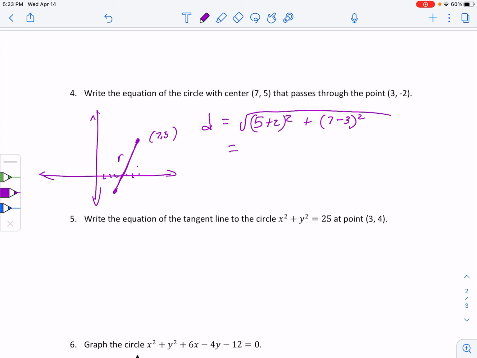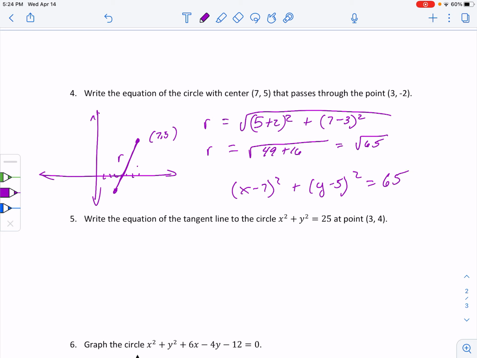And instead of calling it d, let's call it r, because it's what we're finding. So it's the square root of 7 squared, which is 49, plus 4 squared, which is 16. So that's the square root of 65. So my equation is (x minus 7) squared plus (y minus 5) squared equals the square root of 65 squared, which is 65.